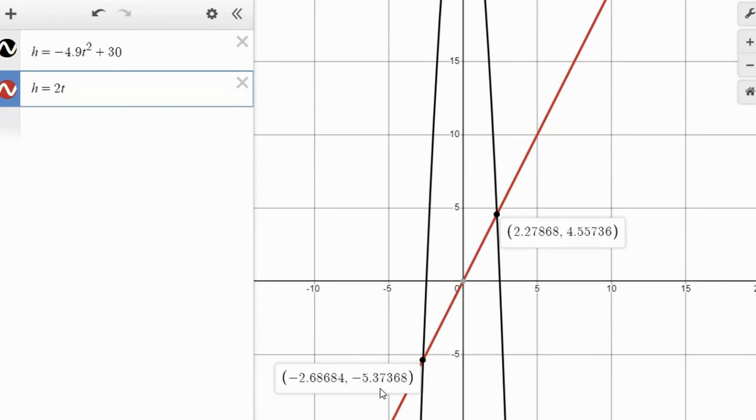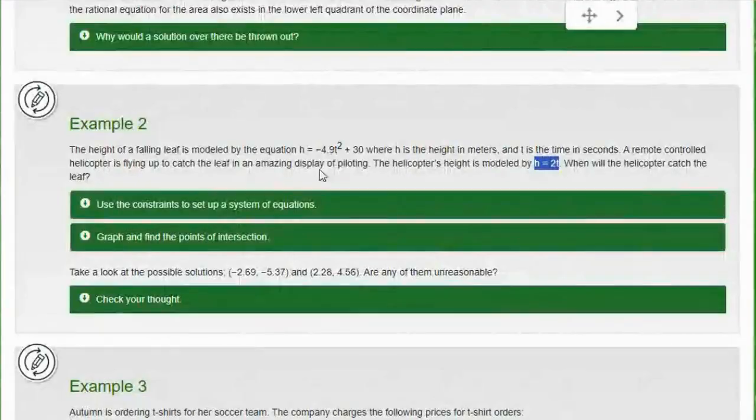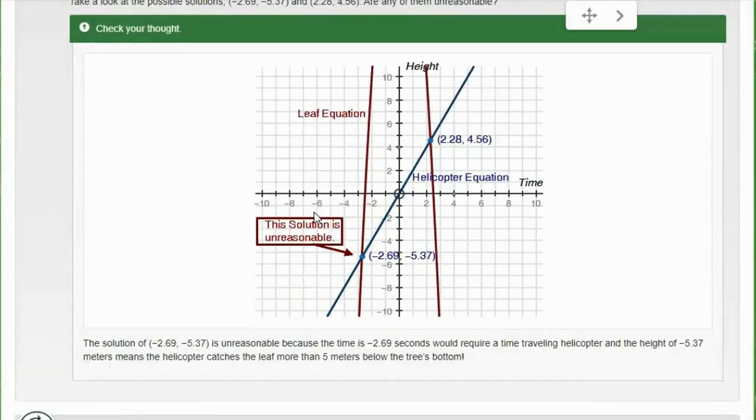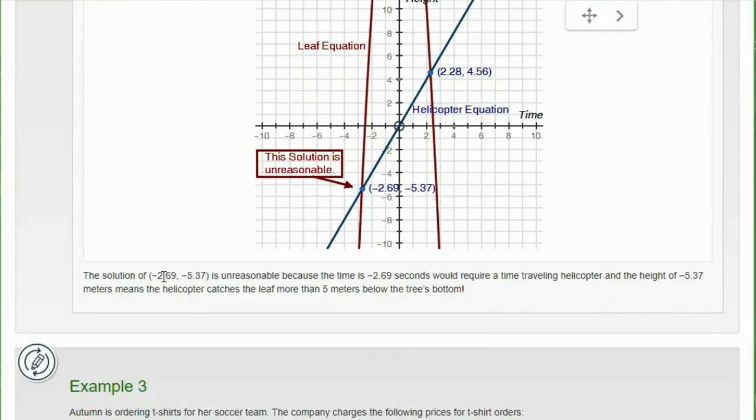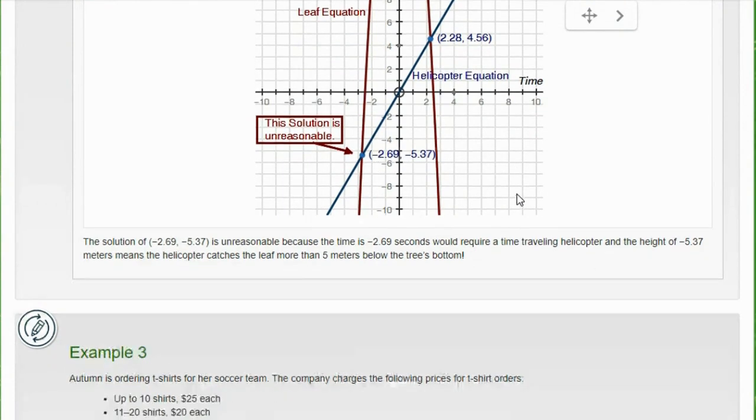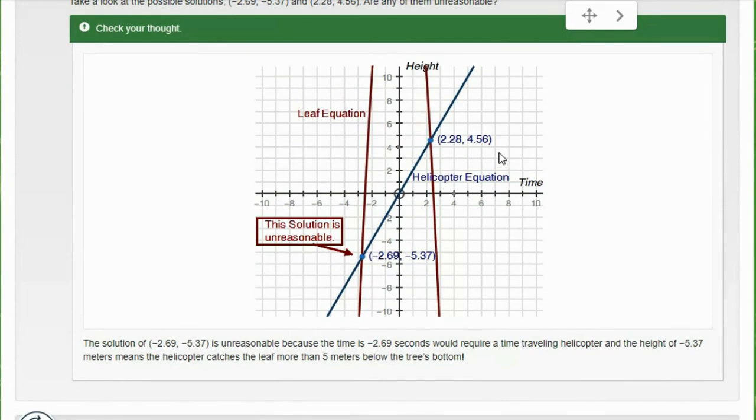And this is 5 feet underground. They're not going to be 5 feet underground. So we have to throw out solutions if they don't make sense in a real life situation. 2.27868 is a valid solution. So check your thoughts. They show the same graph. The solution of this is unreasonable, which means this is the right answer.